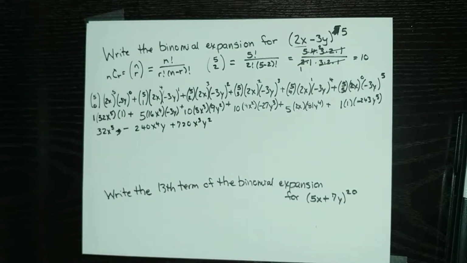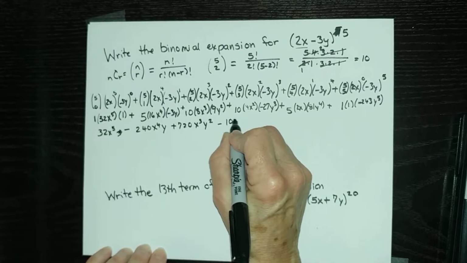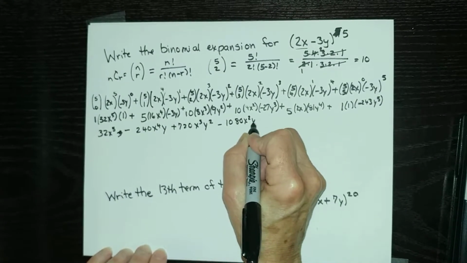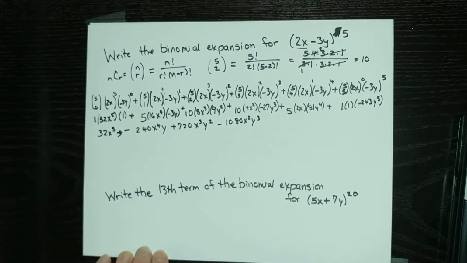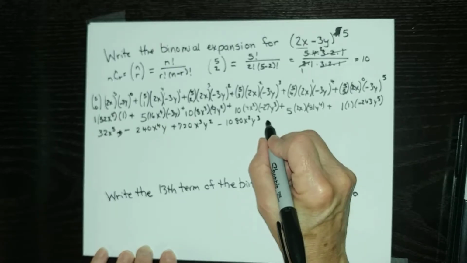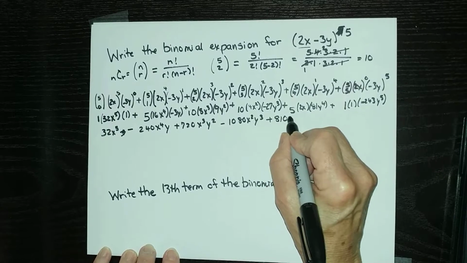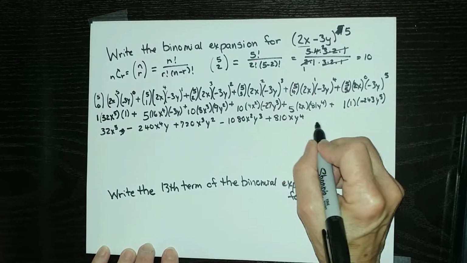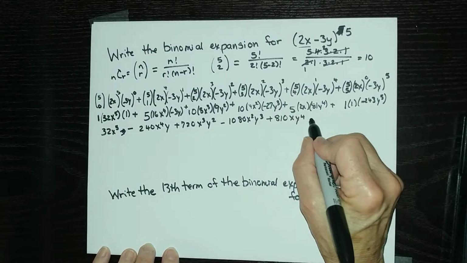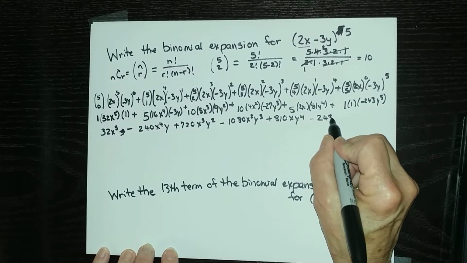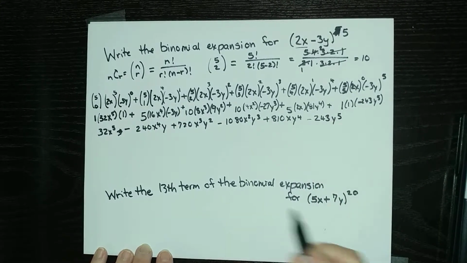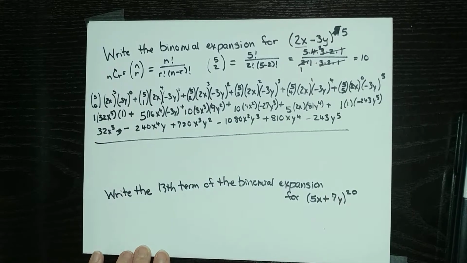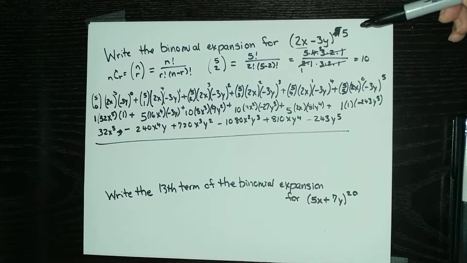And then 10 times 4 times negative 27 is negative 1080 x squared y to the 3rd. And then 5 times 2 times 81 is 810 x y to the 4th. And then 1 times negative 243 is negative 243 y to the 5th. So this right here is the binomial expansion for 2x minus 3y raised to the 5th power.